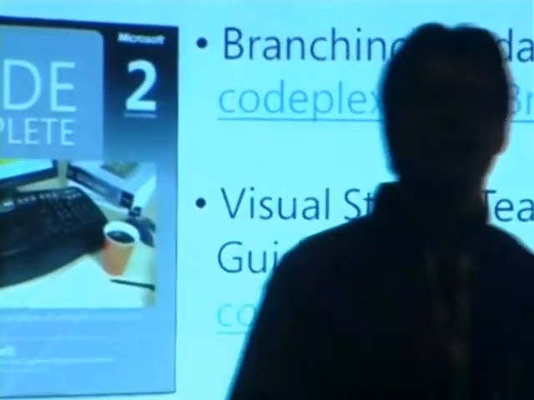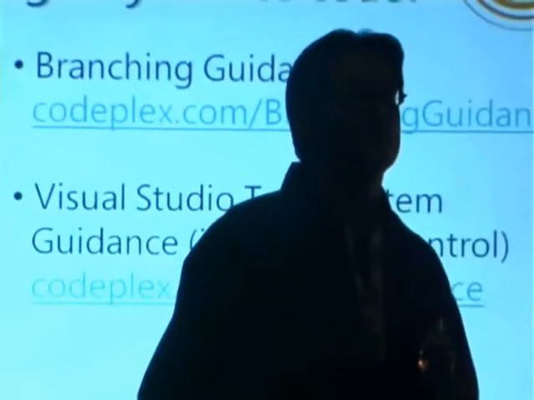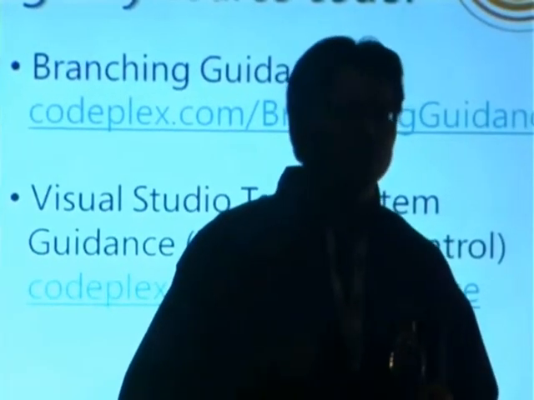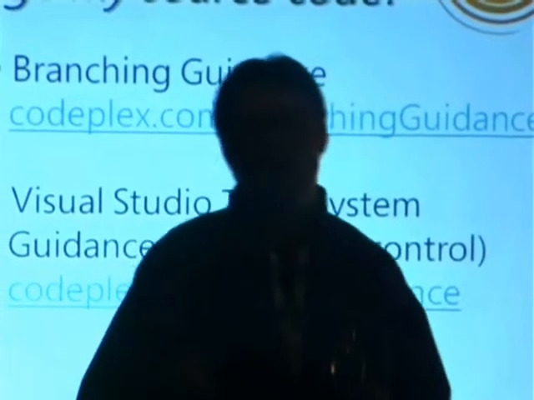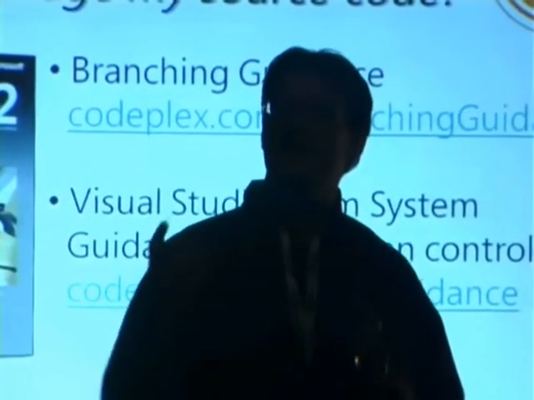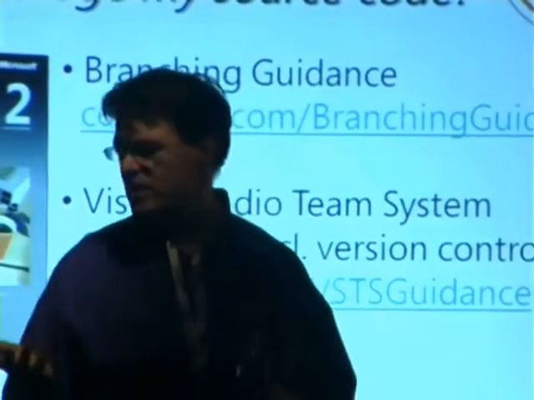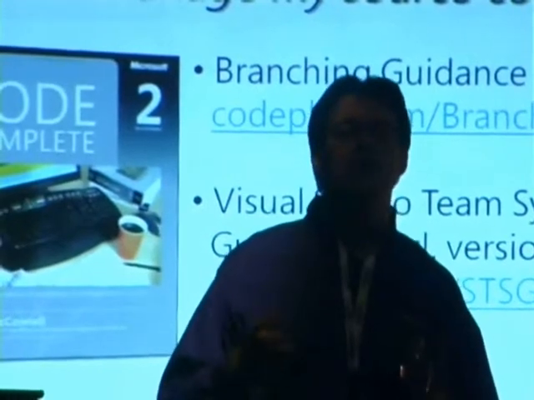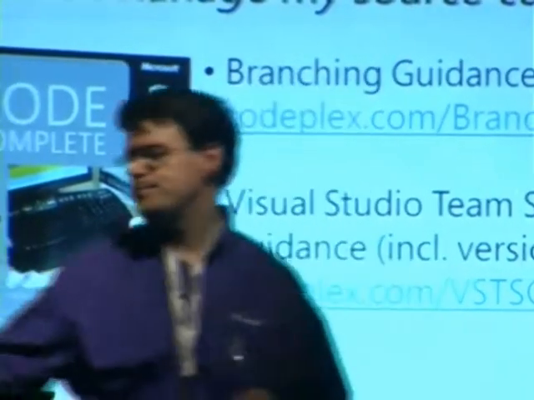And the people who've written this guidance have managed large projects like the Windows operating system, which as you can imagine, has several lines of code. So if you want to get some high-level guidance, there's some really good information in this book, Code Complete, and also within this white paper that you can download and view.